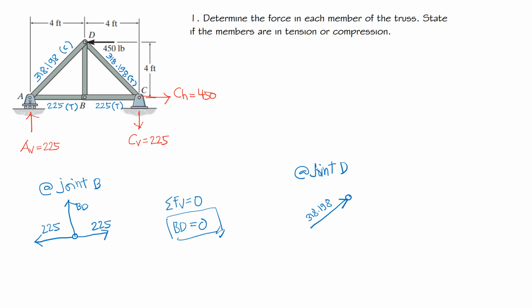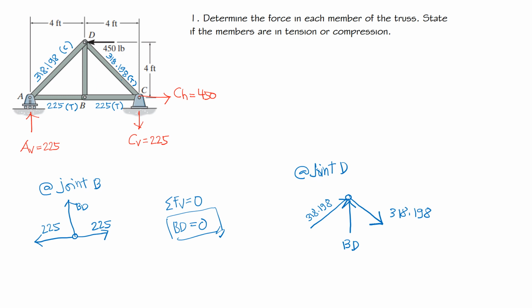We also have here force member DC. So DC is 318.198 tension. So since it's tension, this is moving away. This is also 318.198. And then finally, we have the unknown, which is member BD, assuming that it's going up.